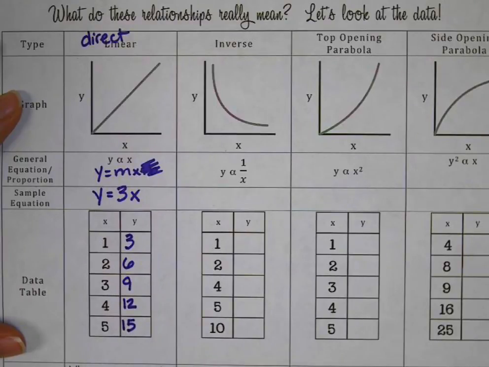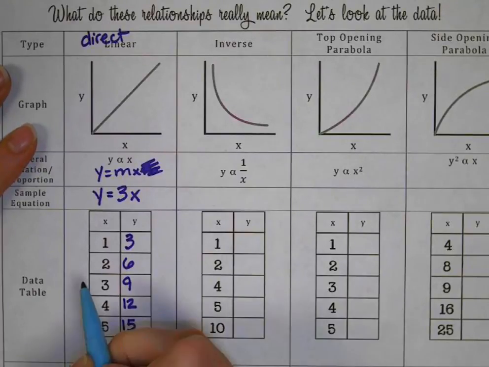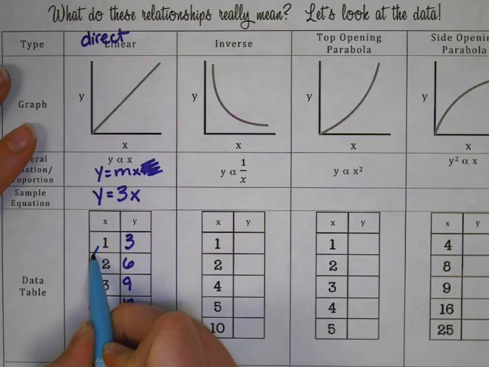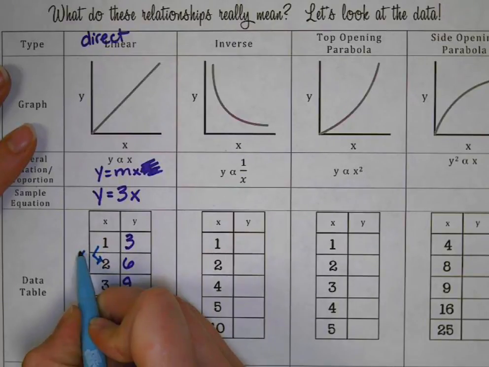Now comes the idea that we have to look at how these numbers, x's and y's, are changing as this function continues on. I like to do this by looking at the factor they change by. If I'm looking at from 1 to 2, my x value changed by a factor of 2.